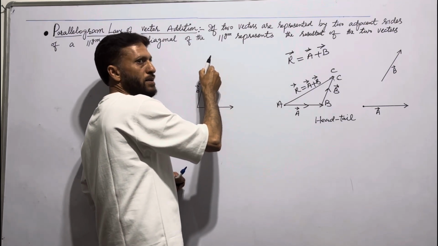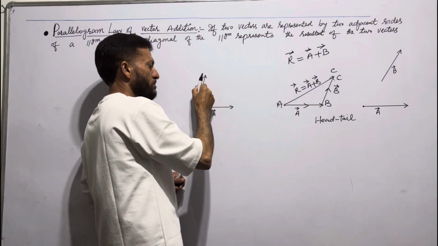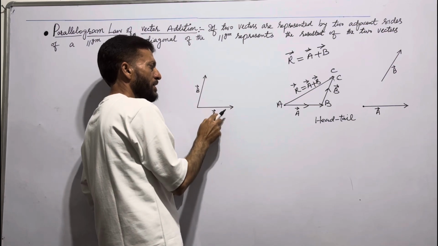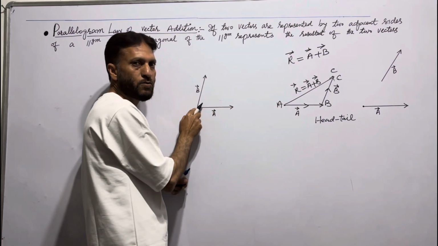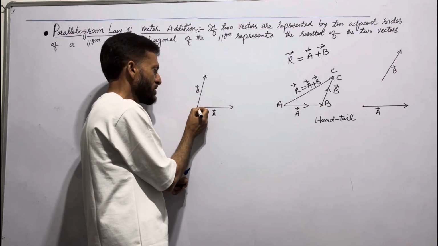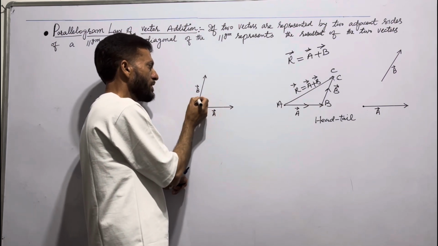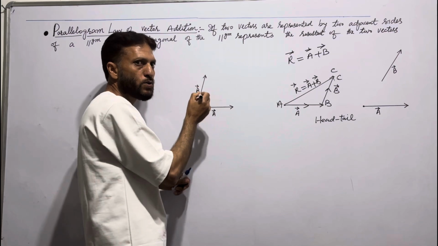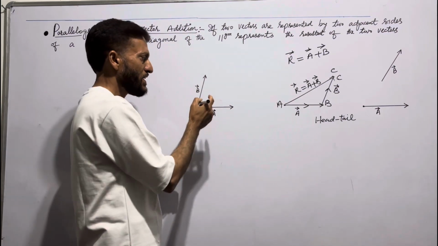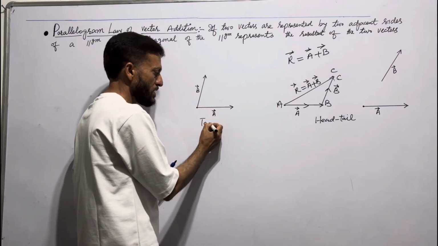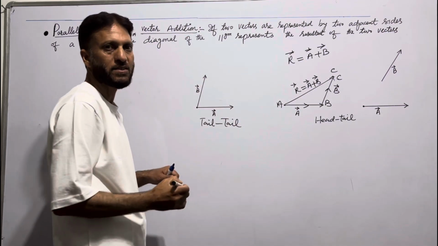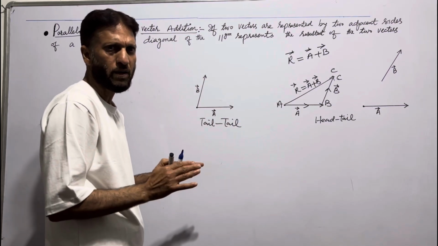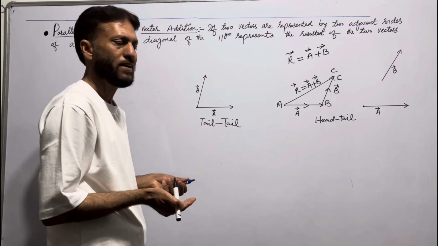Now I will move it down. Vector A and vector B are joined tail to tail. This is tail of vector A and tail of vector B. This is another way of joining two vectors in order to find their resultant.